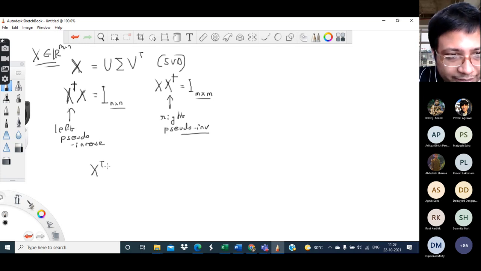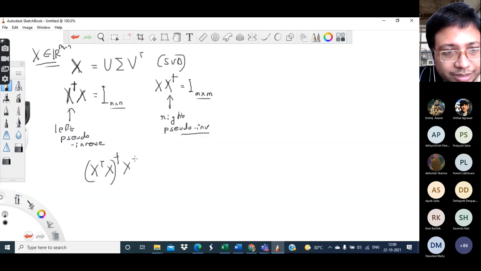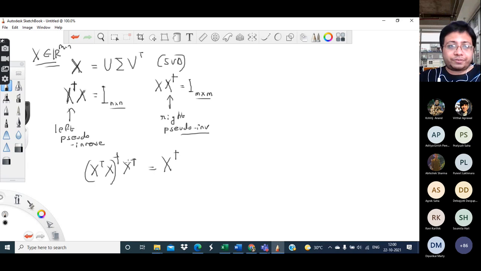The claim is that this quantity, (X transpose X) inverse times X transpose, is the left pseudo inverse of X. If X transpose X is indeed invertible, then you can easily confirm that this matrix will act as the pseudo inverse of X.